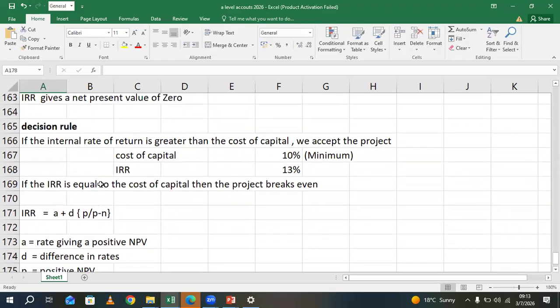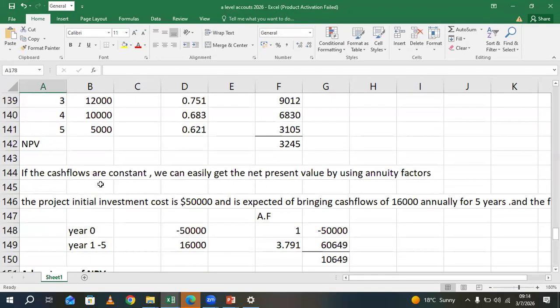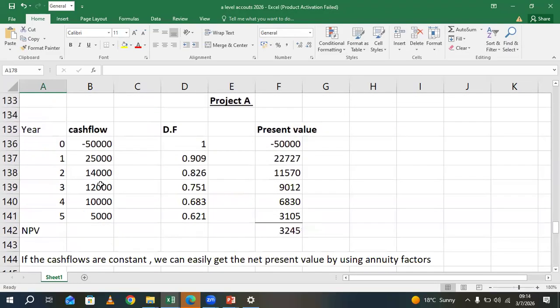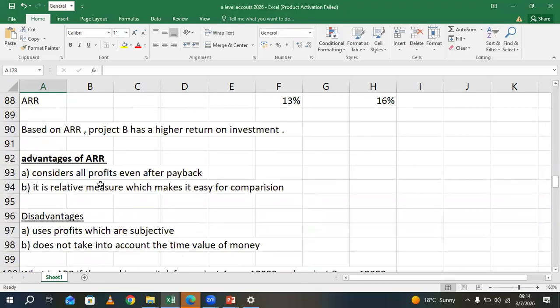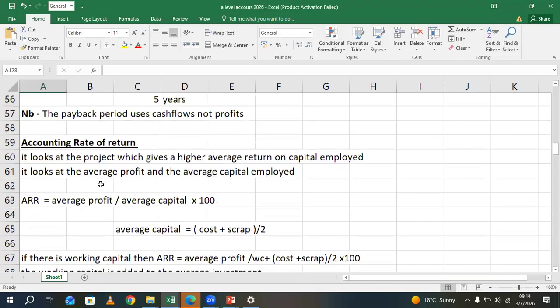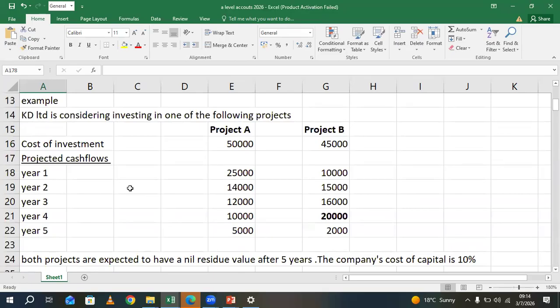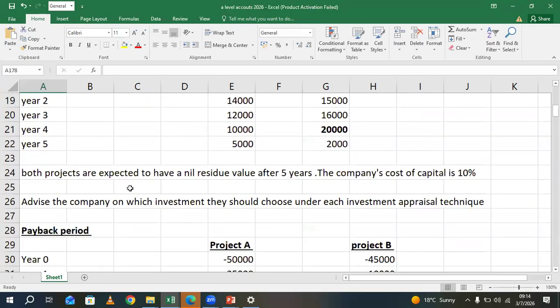Let's now have our example that we did, and use the IRR too. So let's go back to that question that we did. KG is considering investing in one of the following projects, Project A and Project B. We had been told both projects are expected to have a nil residual value after 5 years.